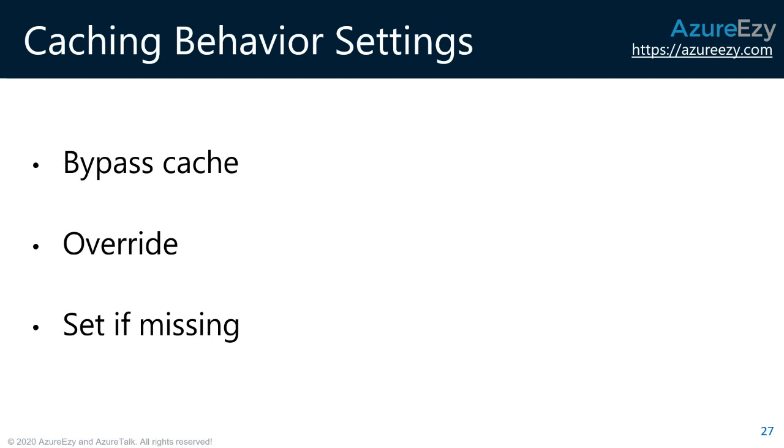Then we have a third caching behavior option, that is set if missing. What does it mean? Set if missing means it will first check if any origin-provided caching behavior exists. If it exists, it will use that. If there is no origin-provided caching behavior, then whatever we are creating here, it will use that particular thing. It will set that caching setting.